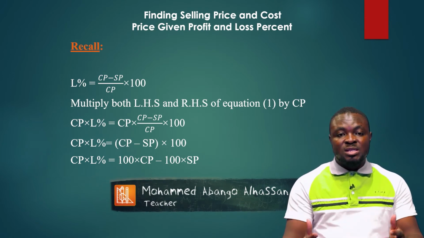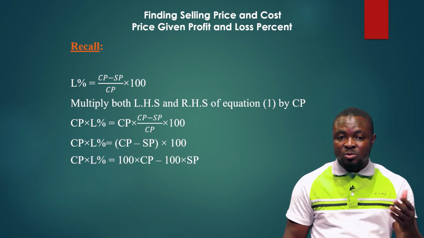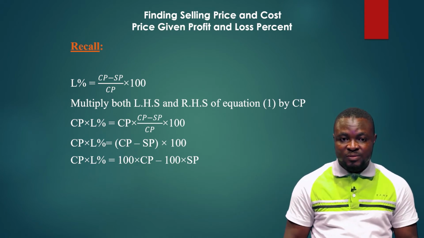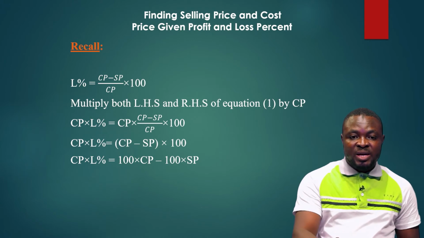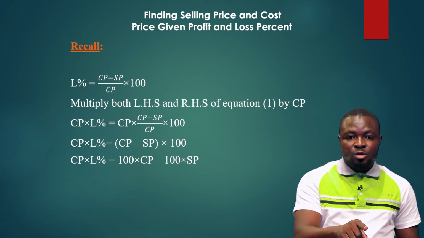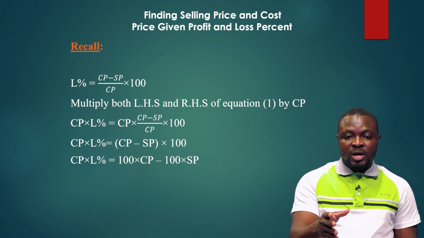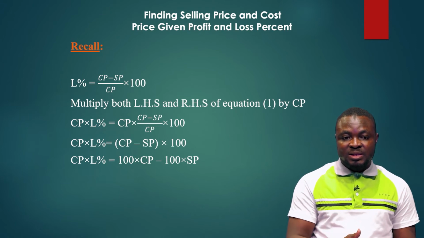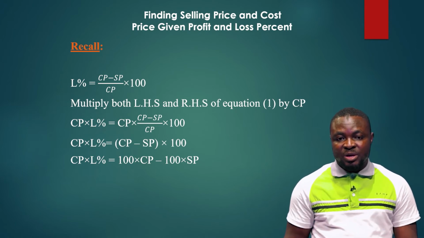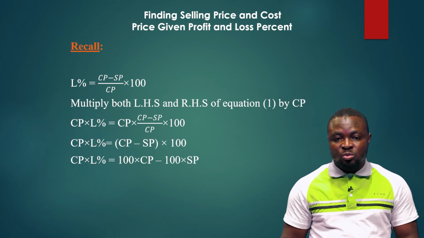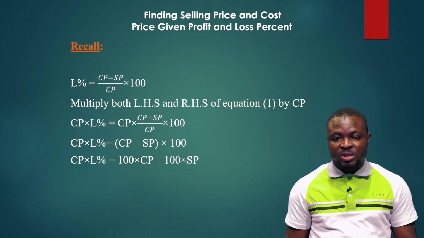You can simplify this based on what we did earlier. I don't need to take you through all of that. You just simplify it, and you come to where I've written asterisk. You can rewrite it as 100 times selling price is equal to cost price into brackets 100 minus loss percent.